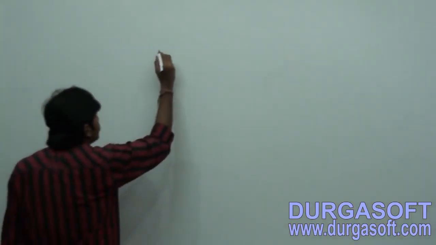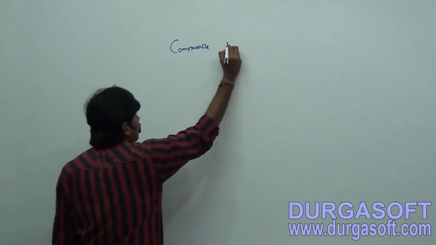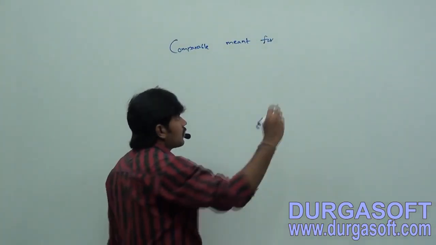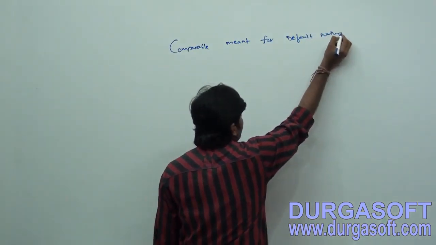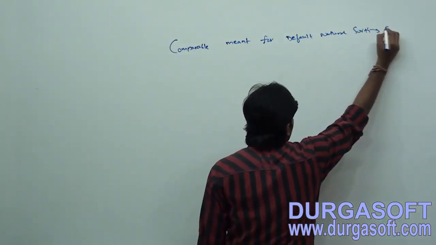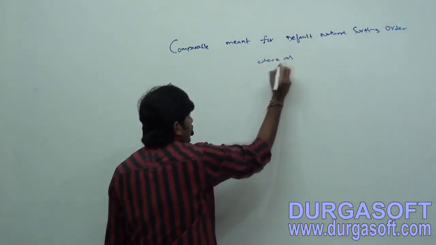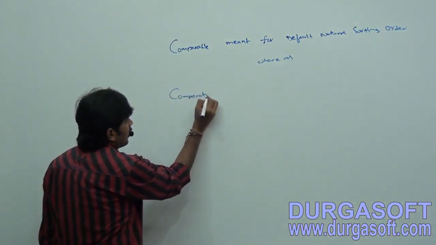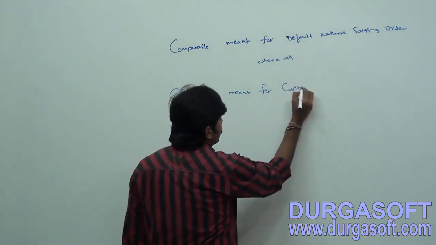Now the point is, make sure you should be aware, Comparable is meant for default natural sorting order, whereas Comparator is meant for customized sorting order.